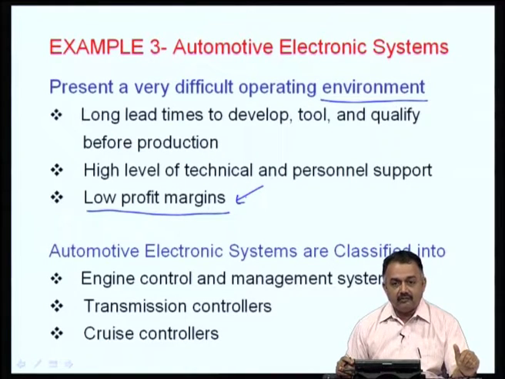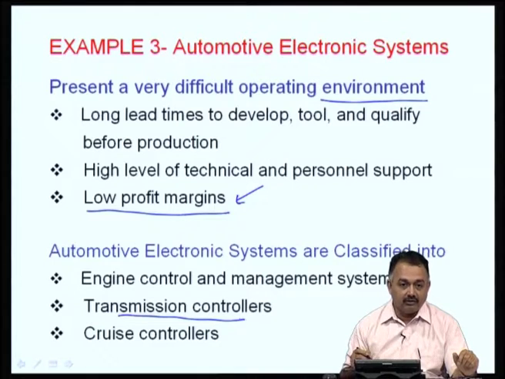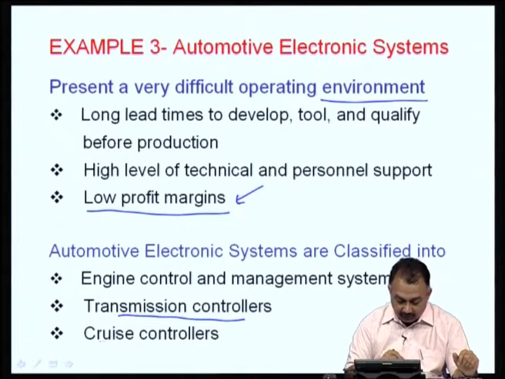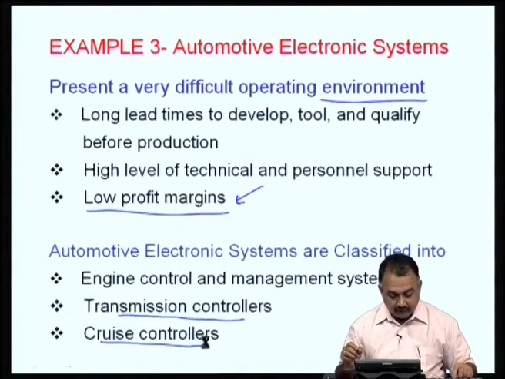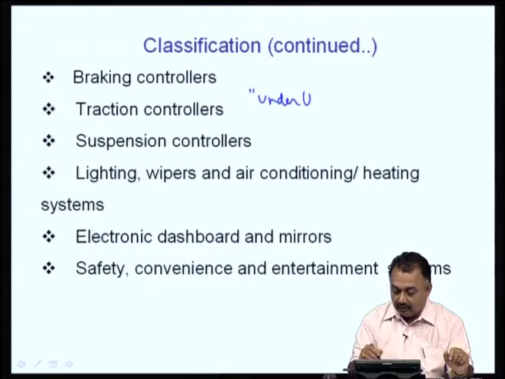Automotive electronic systems can be classified into engine control and management systems. We have seen these points earlier, but I will put them back again. Transmission controllers, a lot of circuit design has to go into transmission controllers, and cruise controllers. These are all placed under the hood. Please remember this term, under the hood.